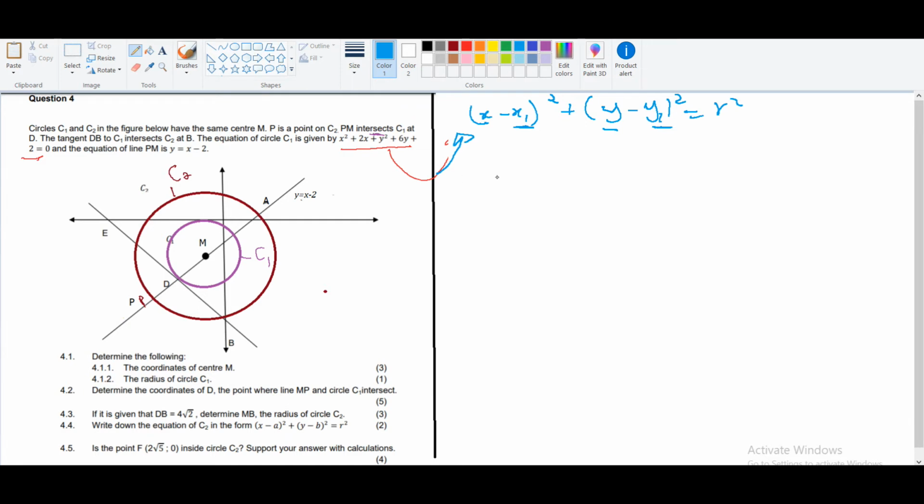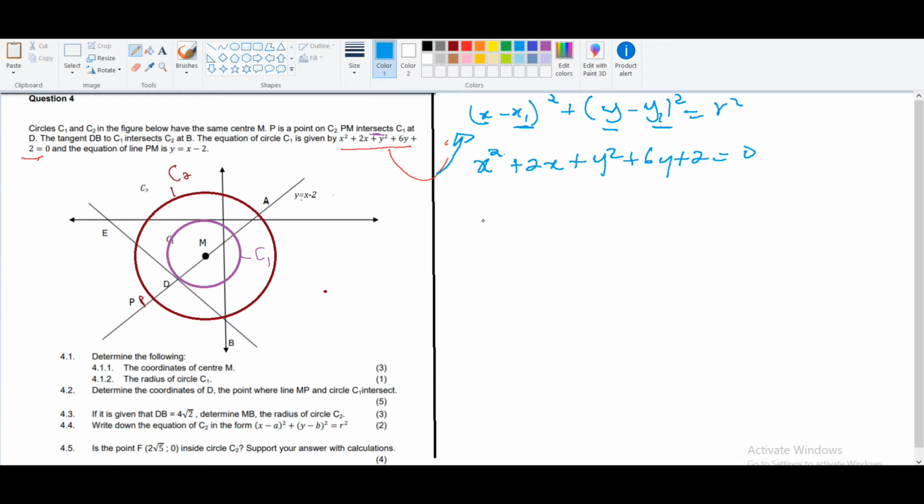So what do we do? Our equation of that circle is x squared plus 2x plus y squared plus 6y plus 2 equals to 0. Then the first thing we do, we rearrange our terms into brackets, those ones with x, completing the square. That is the method.